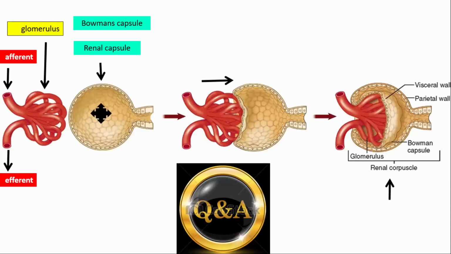Now, many people and references call this structure a glomerulus. It is scientifically called renal corpuscle.